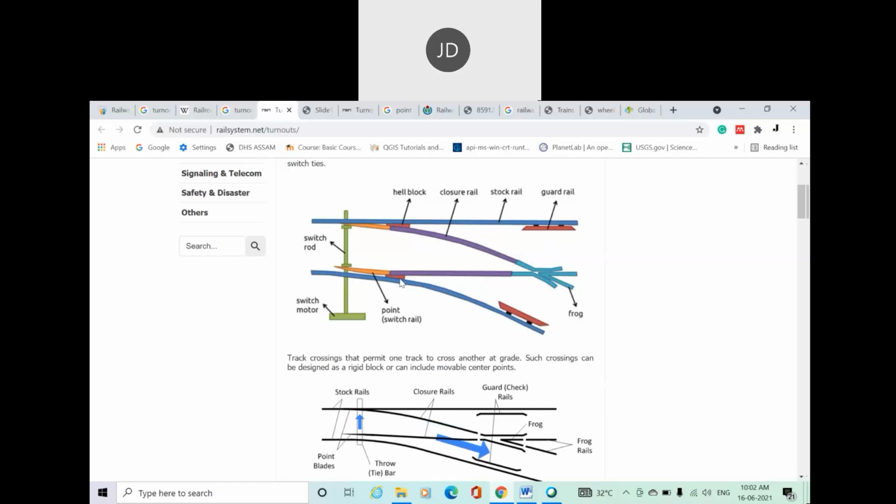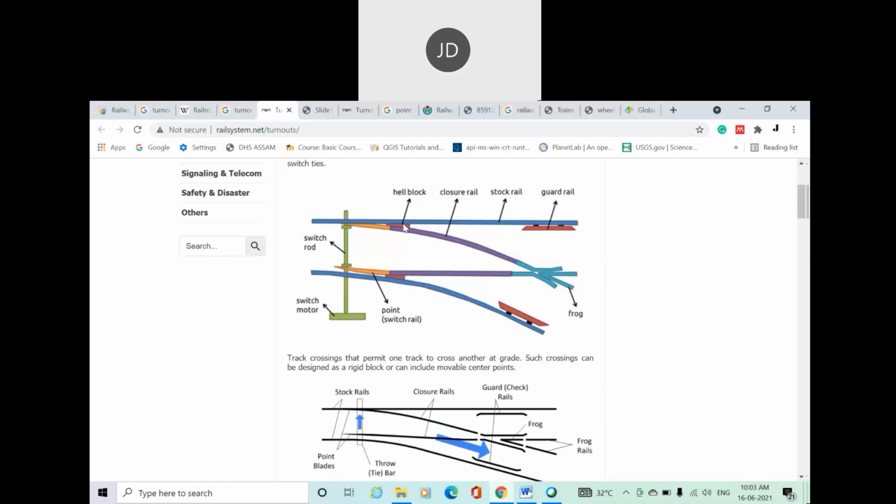That means to maintain the exact position of the switch rail, or you can say the stock rail and the closure rail, a heel block is provided here, to maintain this distance, so they should not close to each other. That's the very simple objective of the heel block.